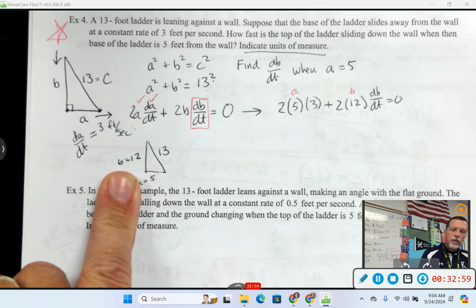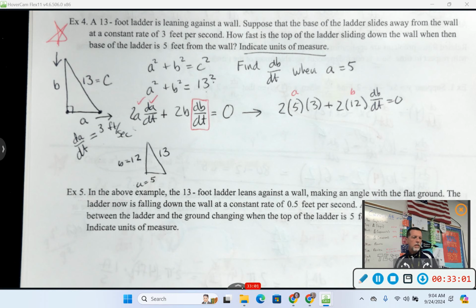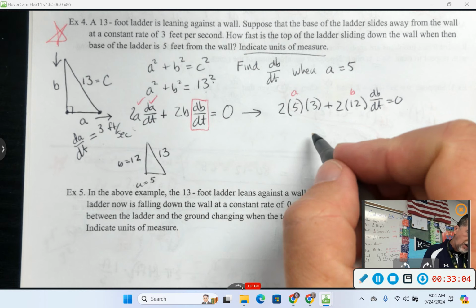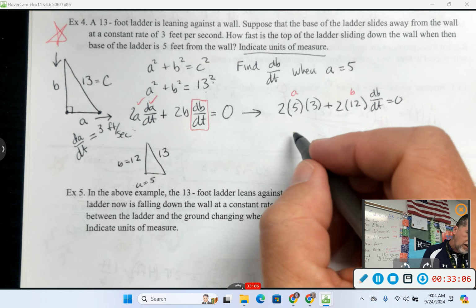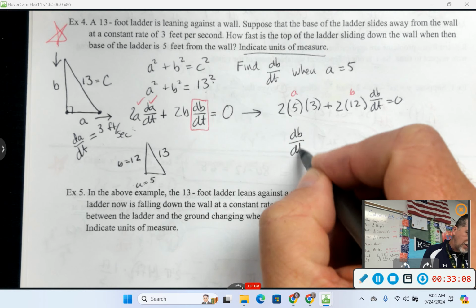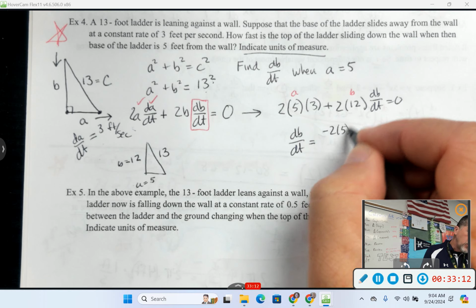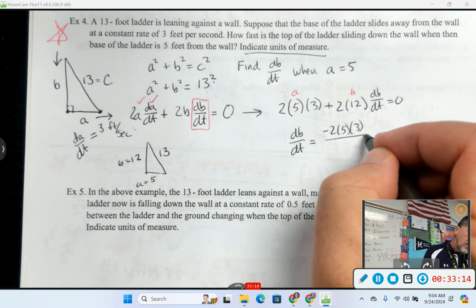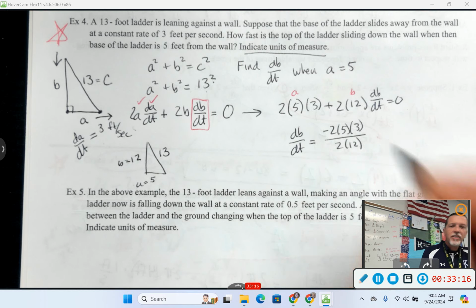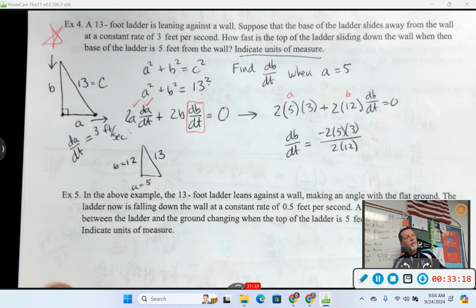And that equals 0. Let's see here. Let's be lazy and do a safe stop. So I'm going to subtract over the 2 times 5 times 3 and divide by 2 times 12. Right, if safe stops are okay, then use them.